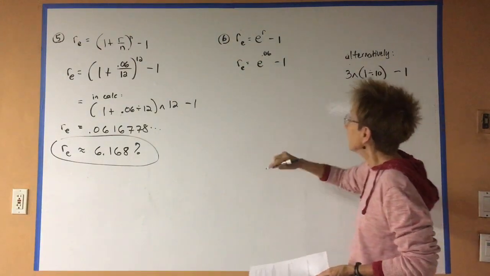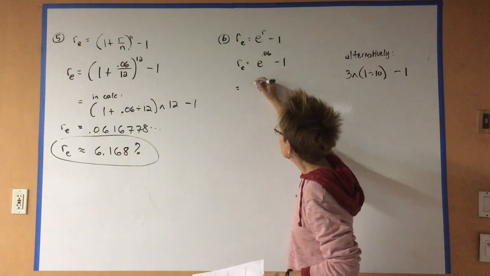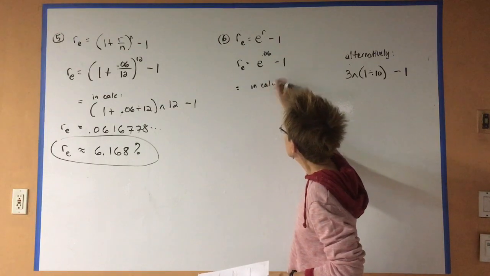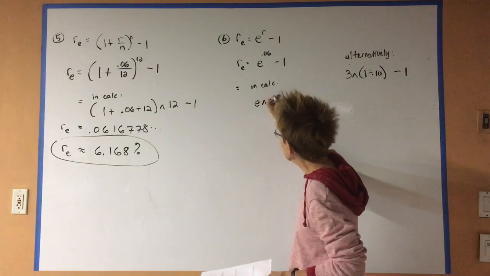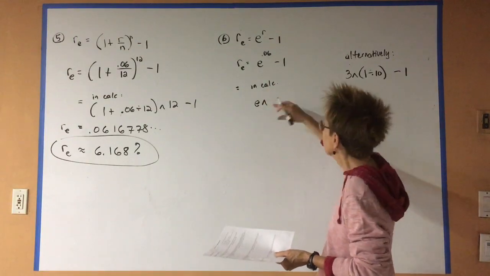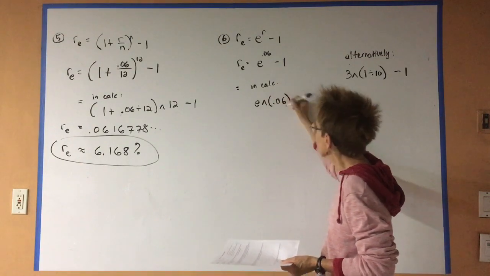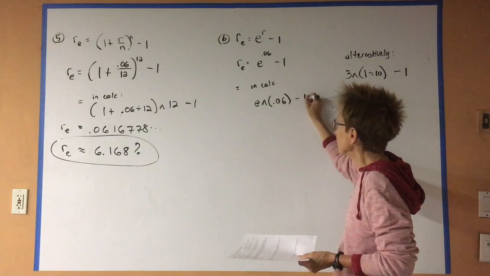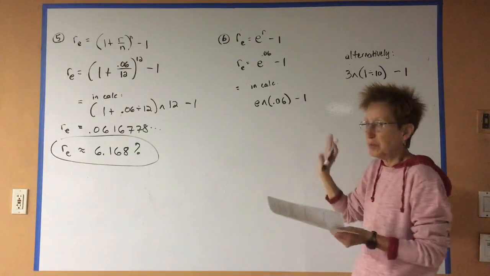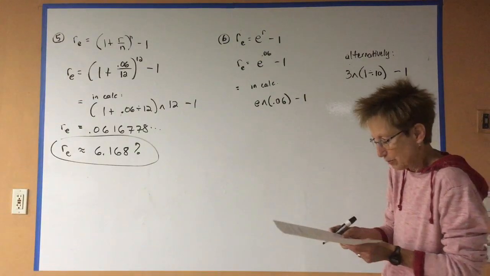When I put that into my calculator, I type the e with the caret, which is second ln, and it prompts me with parentheses, I put in 0.06 and I just subtract 1 from it. No big deal about needing any extra parentheses.